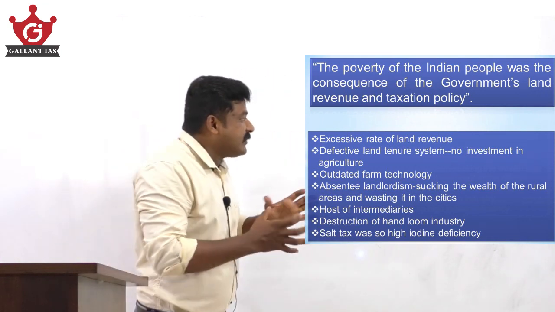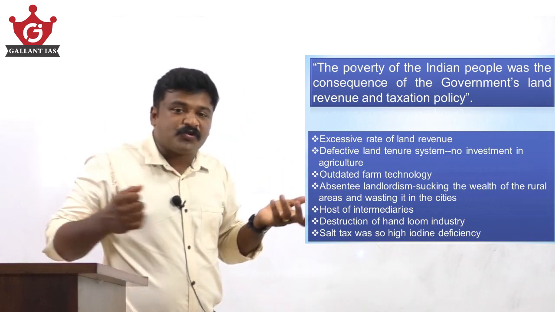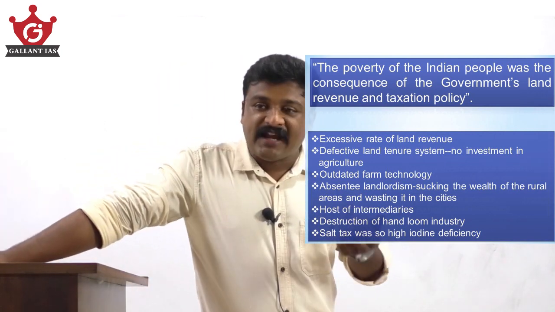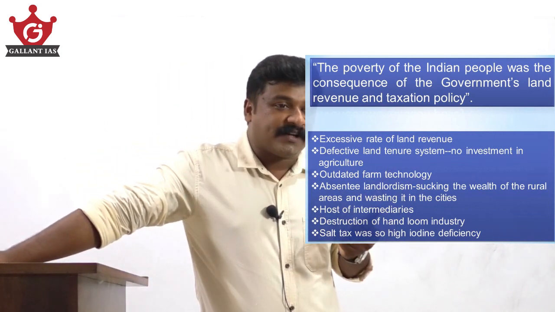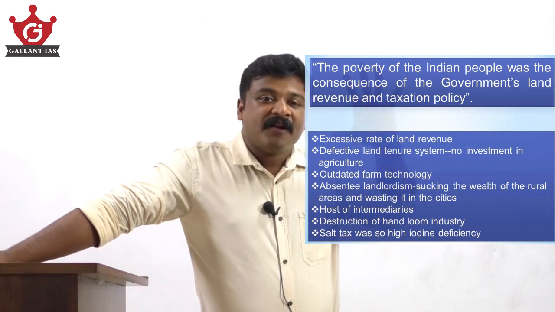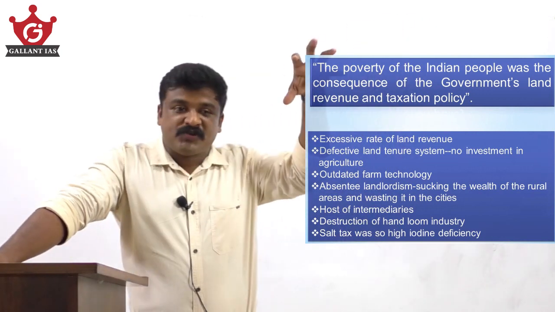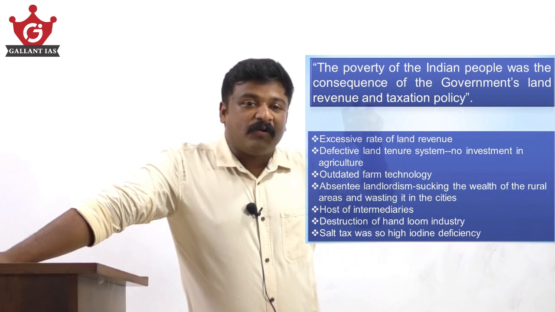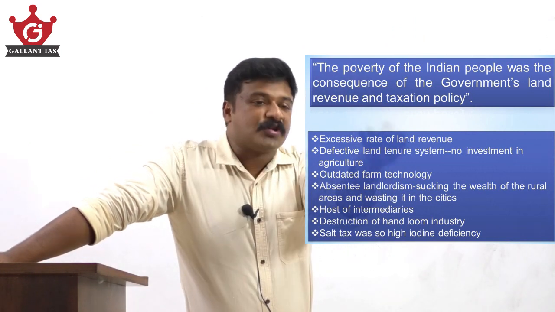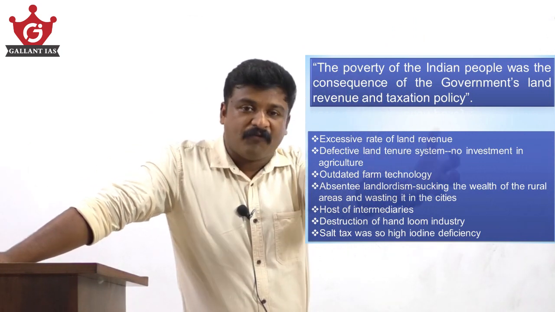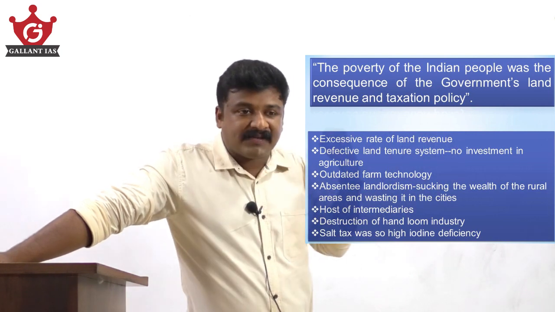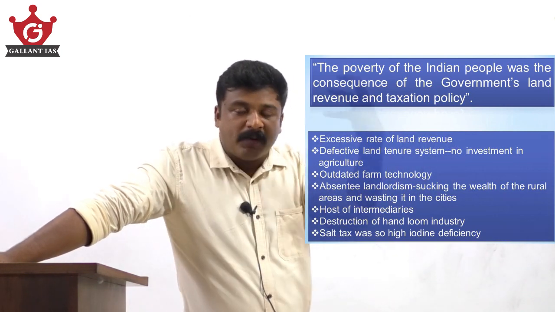Another is the defective land tenure system, no investment in agriculture. You see that, for example, in the Permanent Settlement Act, the zamindar was the owner of the land, but he was least interested to invest into the land. He always forced the farmer to cultivate to the maximum, produce maximum.